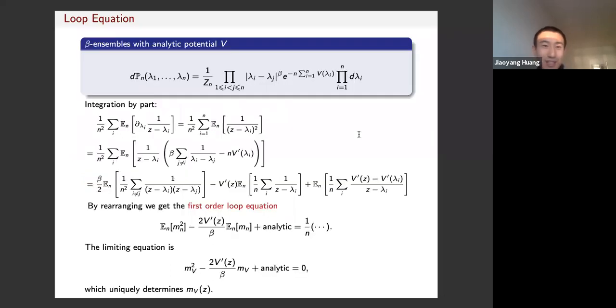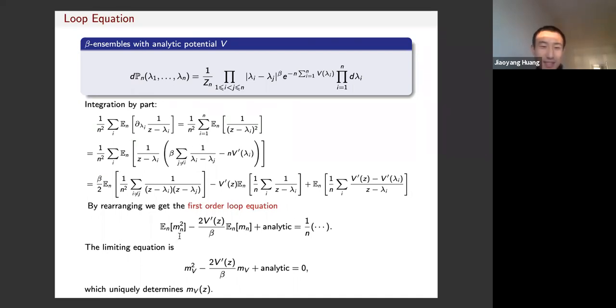And the loop equation is just a family of equations about the expectation of the Stieltjes transform. For the first order loop equation, it gives something like this. It essentially follows just from integration by parts.